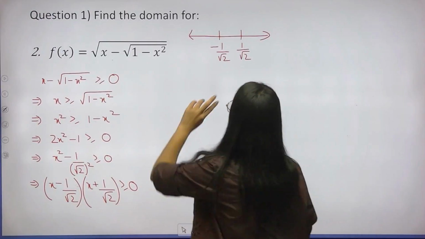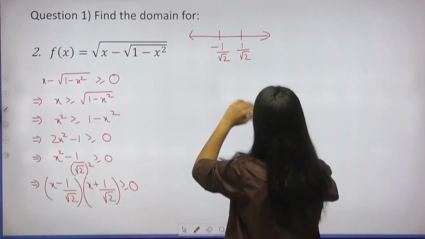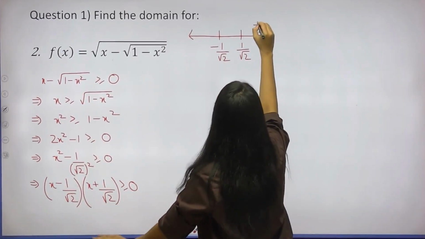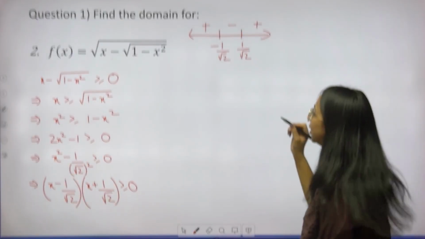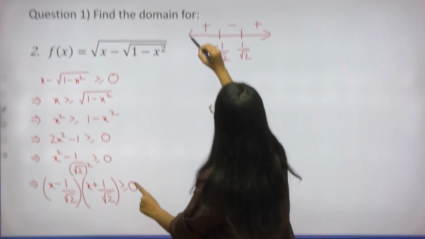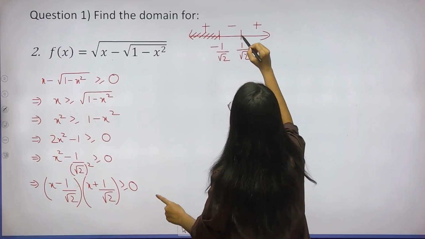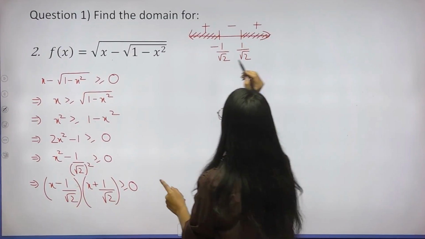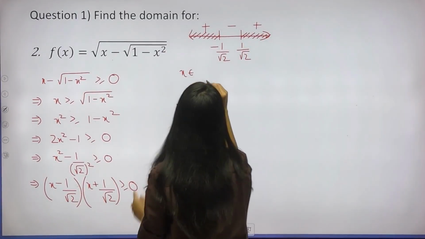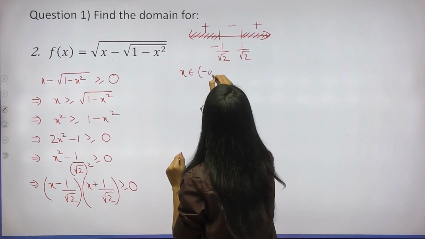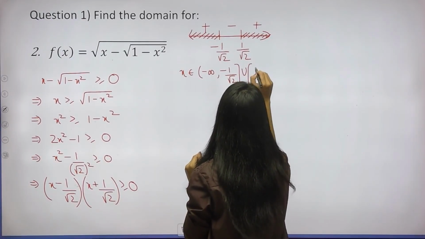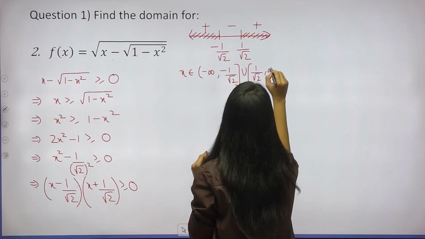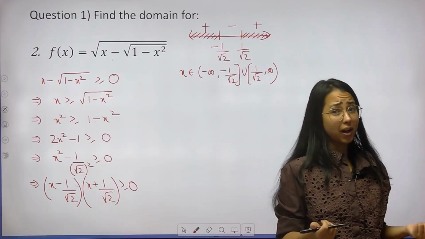Anything beyond 1 by root 2 will be positive. Here it will be negative and here it will be positive again. Now we need the positive portion, so we'll take this and this particular portion. And what we have is x belongs to minus infinity to minus 1 by root 2 union 1 over root 2 till infinity.